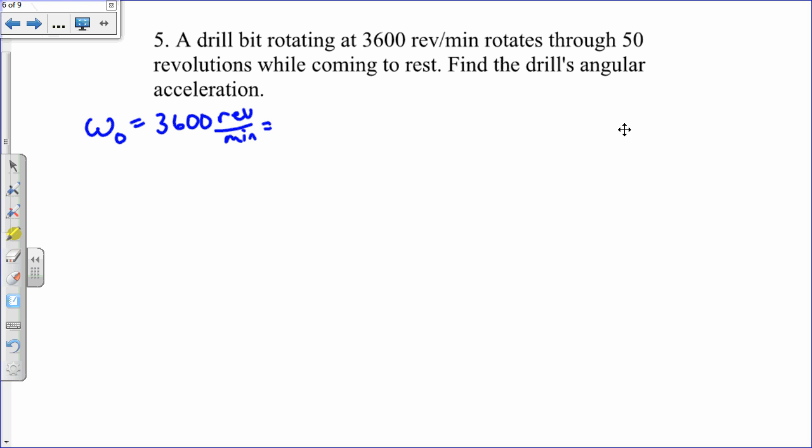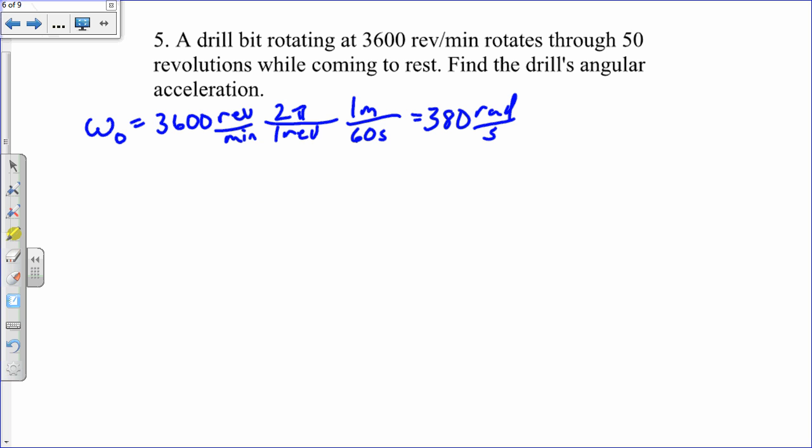I'm going to convert that into radians per second. Times 2 pi divided by 60 gives me 380. Let me just write it out. 1 revolution, 2 pi radians, 1 minute, 60 seconds. And that gives me 380 radians per second.